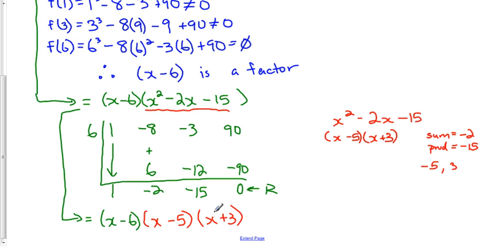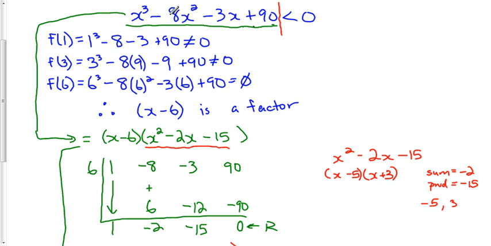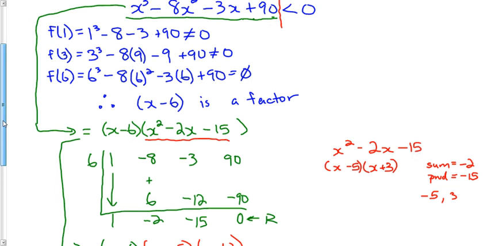Okay, so now we can see that this cannot be factored at all anymore. So that's the original. From here, we factored it once using synthetic division, and we got it down to this. Then we could take the quadratic and factor that again, and now we've got it down to this.